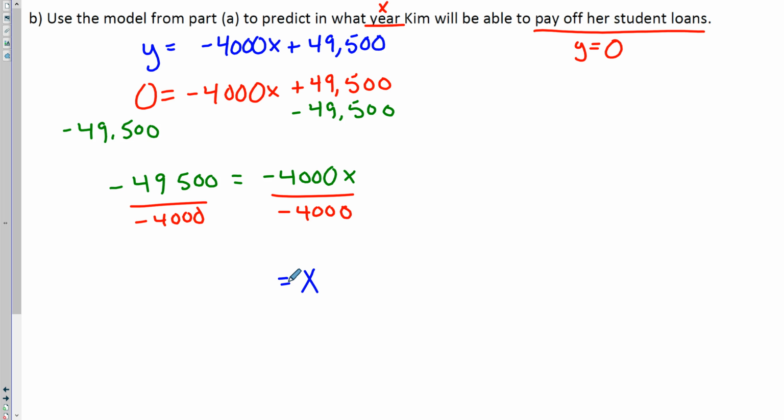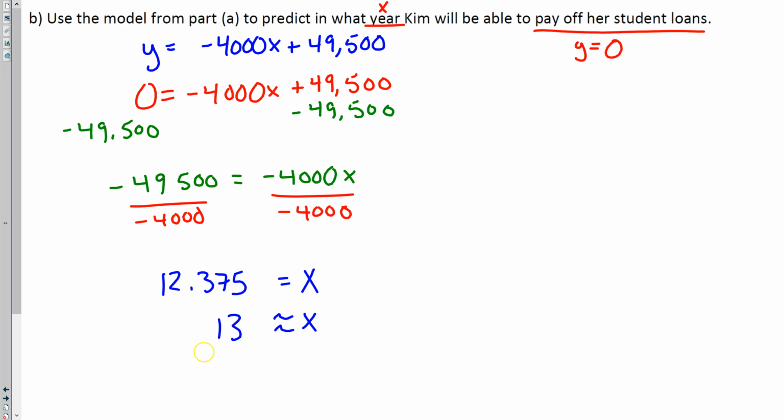And it doesn't come out all that exactly. I believe it's 12.375. So it's over 12 years. Here, because we're dealing with a practical situation, we would consider this as a round up scenario, right? It takes more than 12 years, so we think of that as 13 years to fully be able to pay it off.